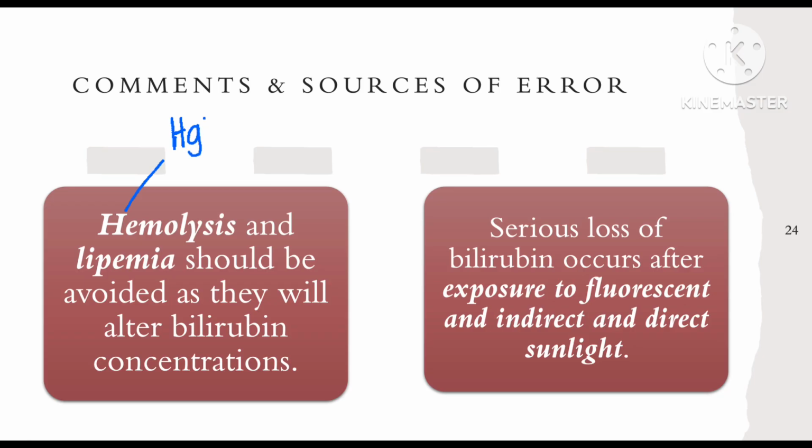Am I correct? Right. So what happens there is that the free hemoglobin will absorb light in a similar wavelength which is used for our bilirubin assay. So this can falsely increase or decrease bilirubin readings depending on which assay method is used.